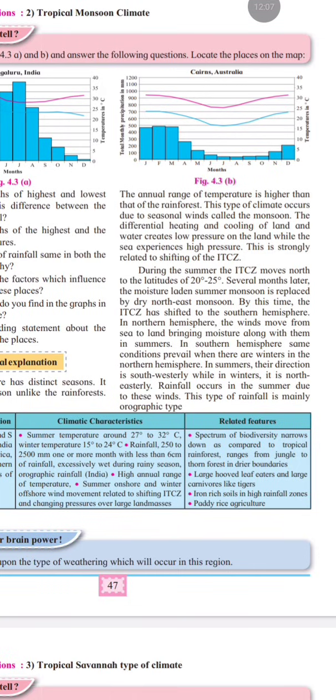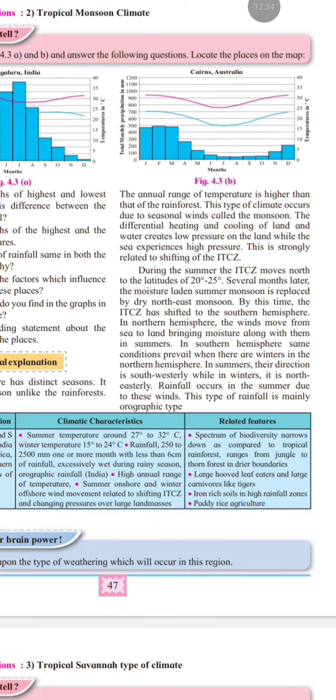During winter, the situation reverses, and dry northeast monsoon winds become important. So the summer temperature is around 27 to 32 degrees Celsius, while winter temperature is around 15 to 24 degrees Celsius. And rainfall ranges from around 250 to 2500 mm.